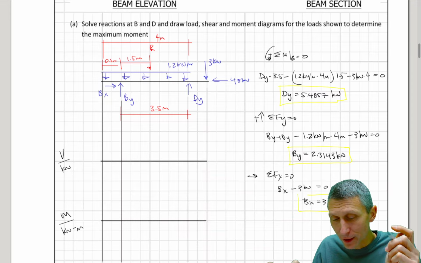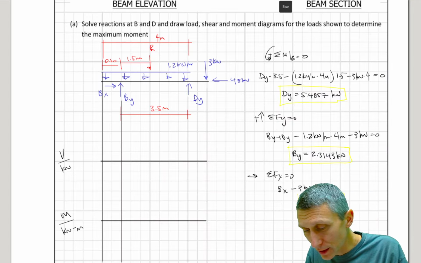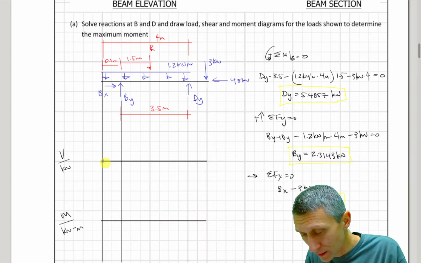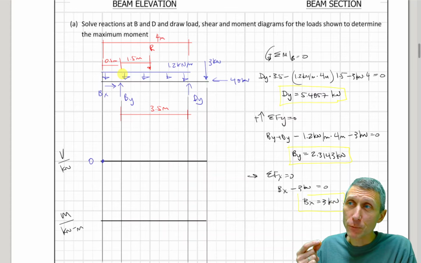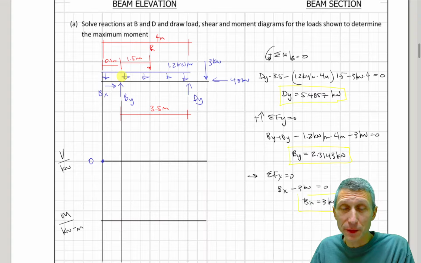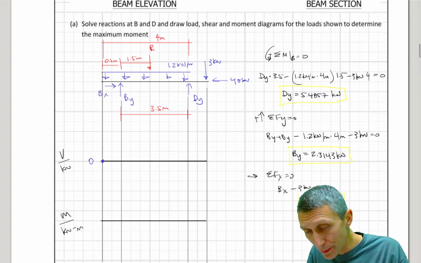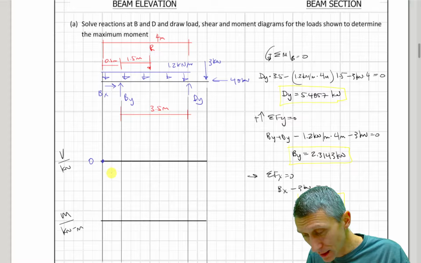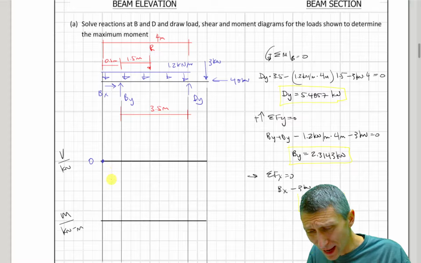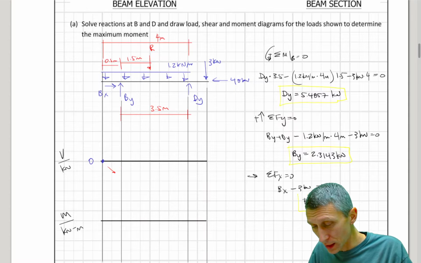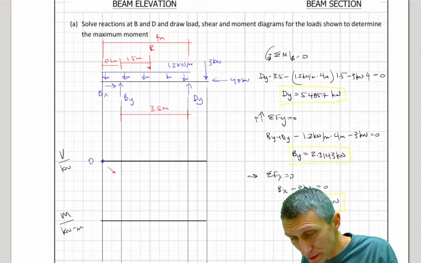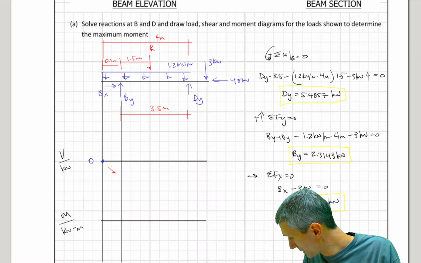What do I need to do first? First, I need to follow my shear, right? So my shear here, I'm going to start at 0, and then I have to pick up this 1.2 kilonewtons times a half a meter. So I need to drop in this distance. What's 1.2 times a half? That's going to be 0.6. So I need to come down 0.6.